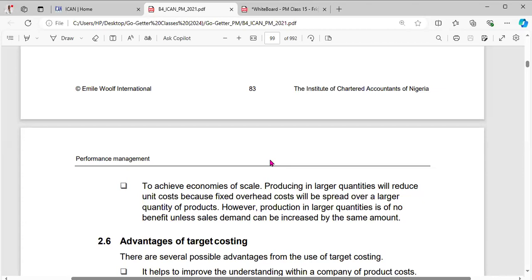But if you produce higher, let's say you make 750,000 or you make 1 million, if your storage capacity can carry, then you have succeeded in reducing it from 2 naira to 1 naira.